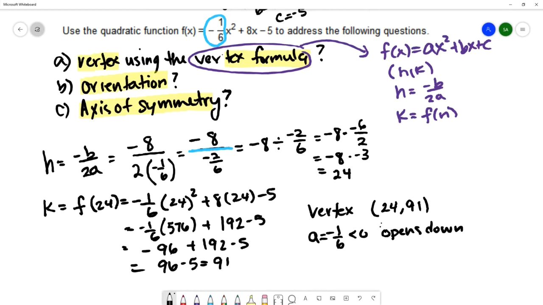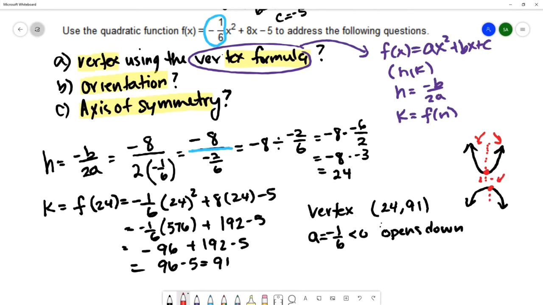And the axis of symmetry, when we have a parabola, either up or down, it doesn't matter which one, the vertex is the kind of balancing point or symmetry point. So if we were to take a vertical line passing through that vertex, what we find is a mirror image on either side of that line.